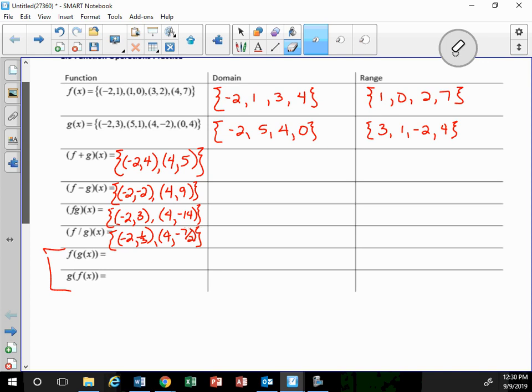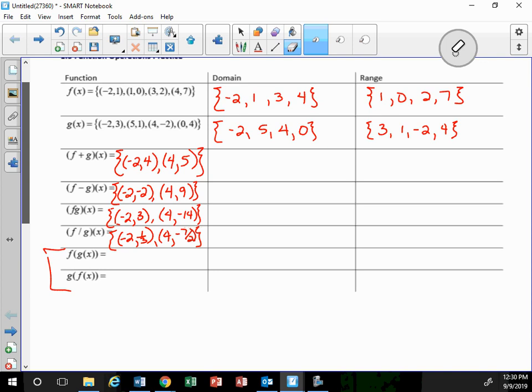So the first one says f of g of x. So we're going to plug our g of x into our f of x. That means I'm starting with g. So I'm going to start with this one. A -2 as an x gives me a 3 as a y, right?